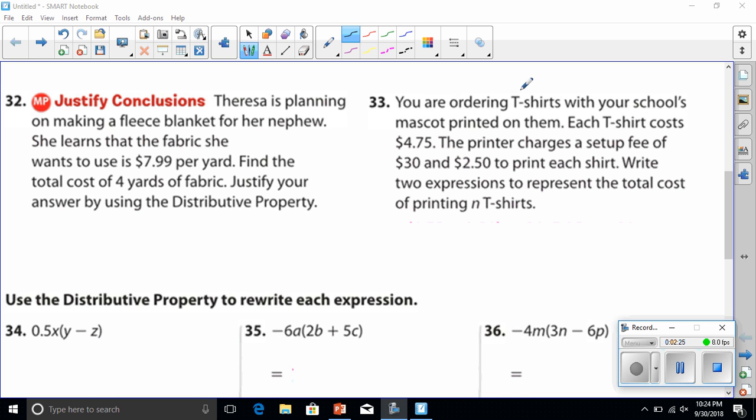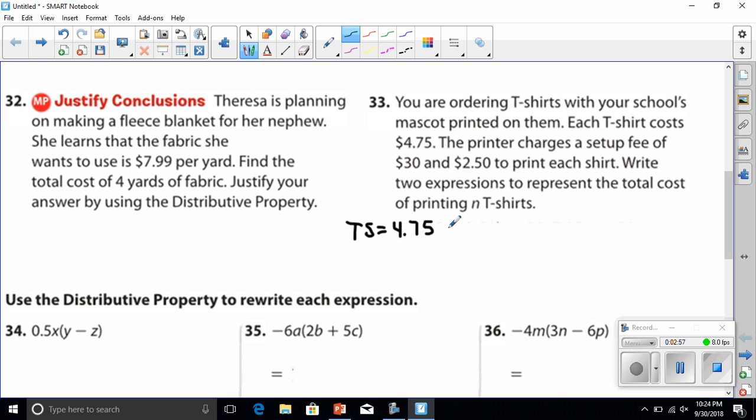It says you are ordering t-shirts with your school's mascot printed on them. Each t-shirt costs $4.75. All right, so the t-shirts are $4.75. It says the printer charges a setup fee of $30 and $2.50 to print each shirt.